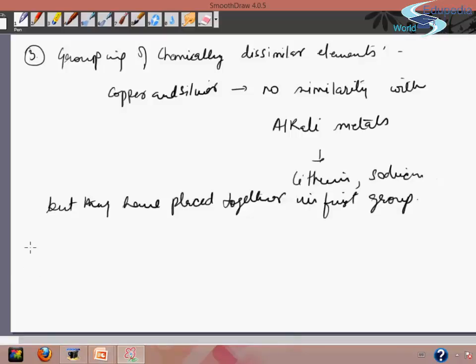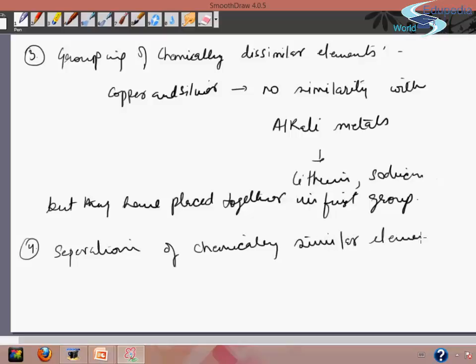Next, the fourth defect is the separation of chemically similar elements. Elements which are chemically similar, such as gold and platinum, have been placed in separate groups.